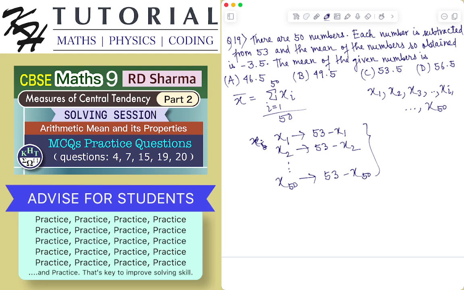So what are the new observations? The new observations are 53 minus xi, that is, the ith observation in the original set of observations.